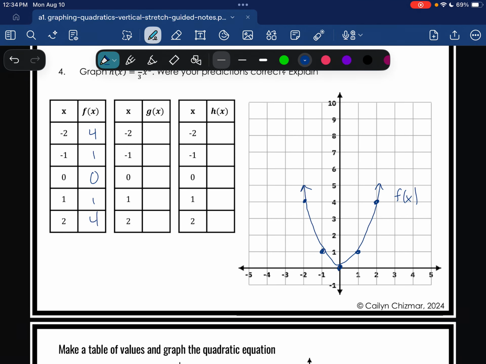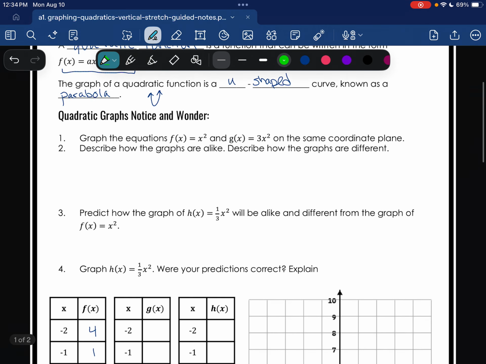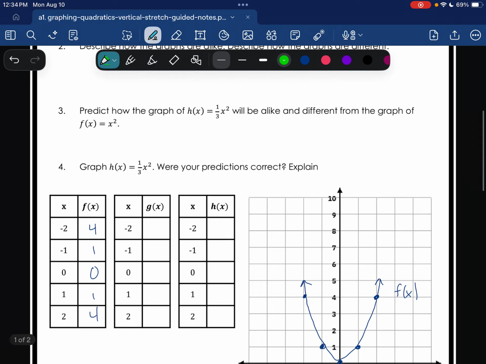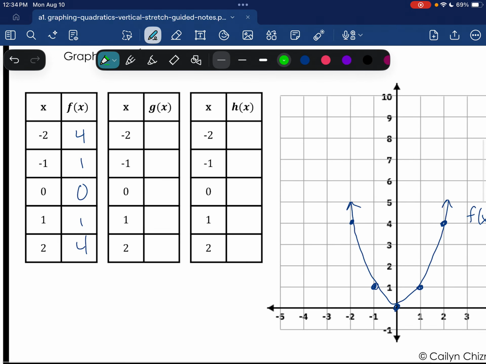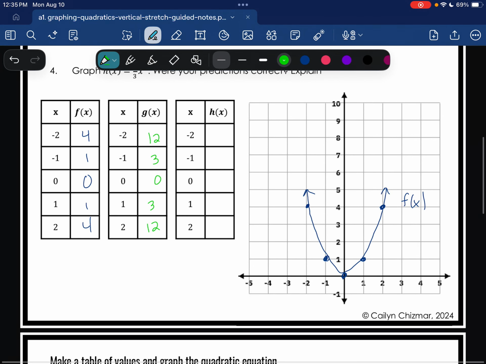Okay, the next one, when I graphed that one, I remember when I plugged these things in, this one is 3x squared. And so order of operations tells me I square my x first and then multiply it by 3. So I got out 12, 3, 0, 3, and 12. So these went off my graph at 2 and -2.